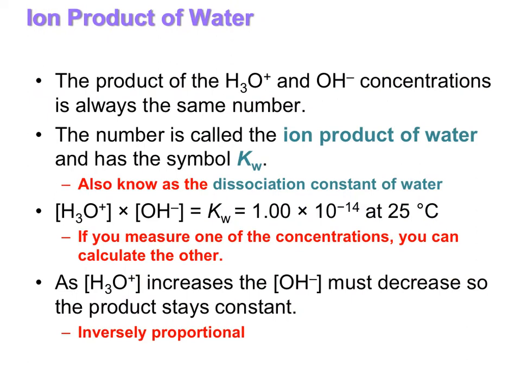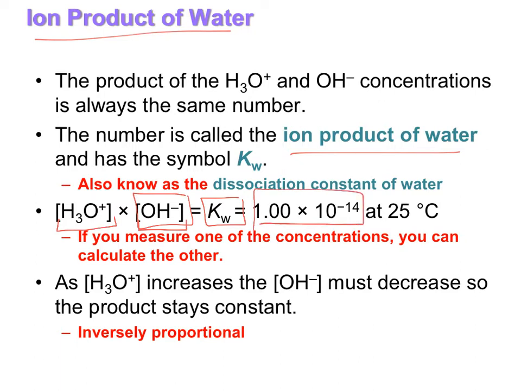We can calculate something called the ion product of water. This is whenever we multiply the concentration of hydronium and hydroxide, and we get our Kw, the ion product of water. Because we know that the concentration of each of these is 10 to the negative 7th, or 1 times 10 to the negative 7th, when we multiply these together, we end up getting 1 times 10 to the negative 14th.